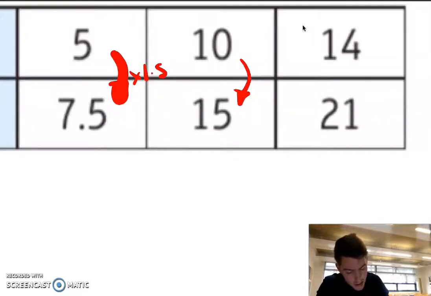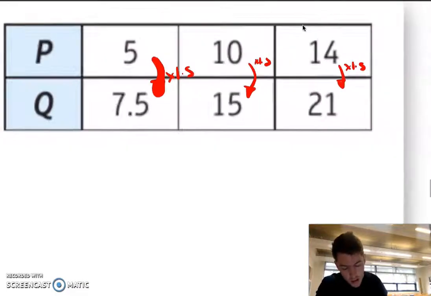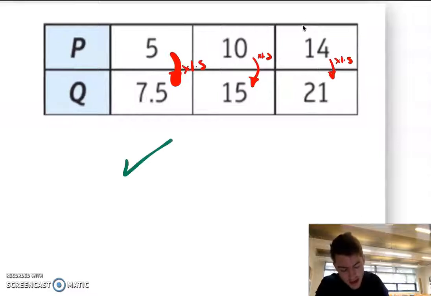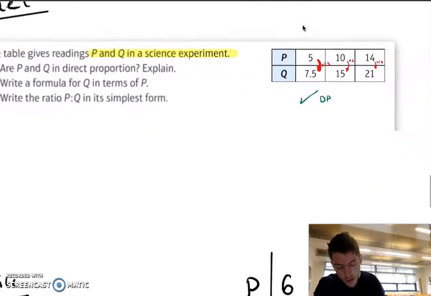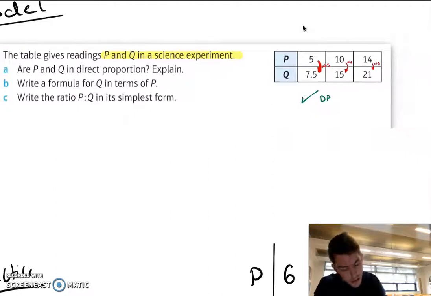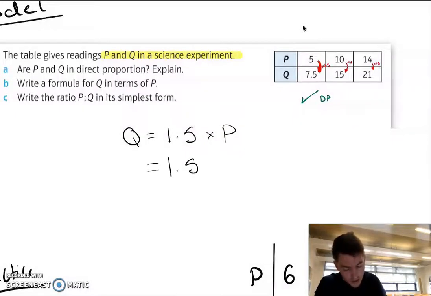And 10, I can see as well, times it by 1.5. Yes, they all are multiplied by 1.5. Yes, it is directly proportional. Okay, write a formula for Q in terms of P. Well, we can see here that Q equals 1.5 times P, and we can just say 1.5P.